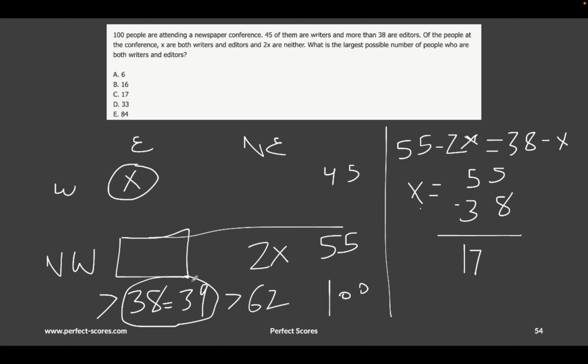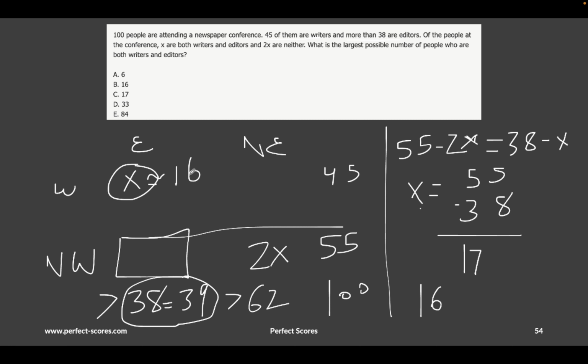So the least it can be is 39. So that means it's one more number, which means this is one less number. So the maximum it can be is 16. It cannot be more than 16. So this one at maximum it can be 16.